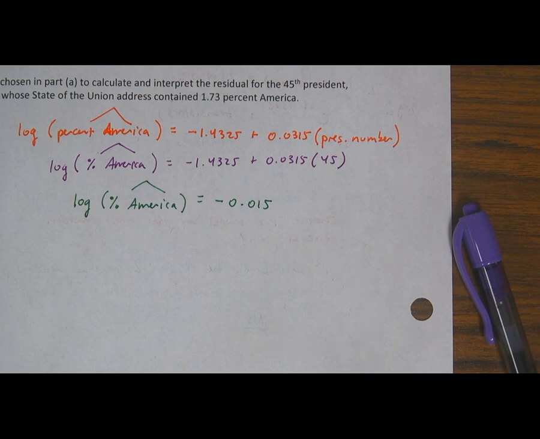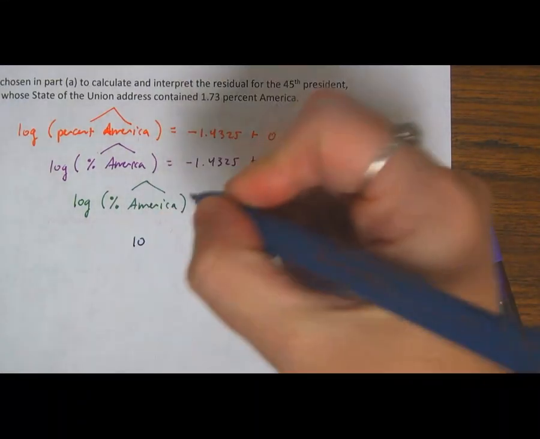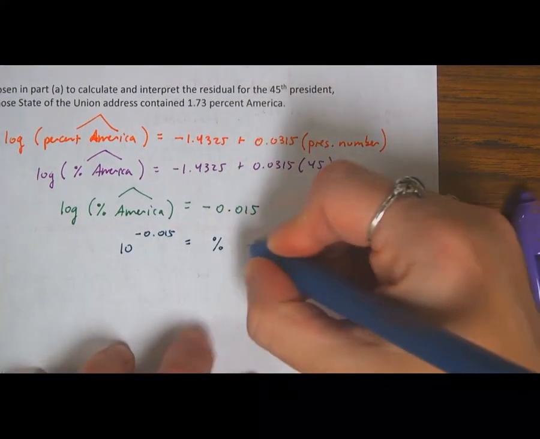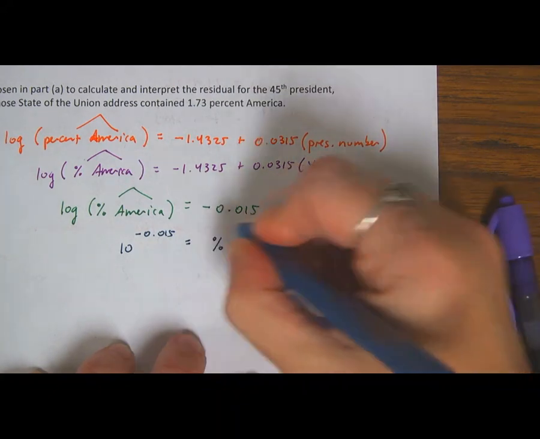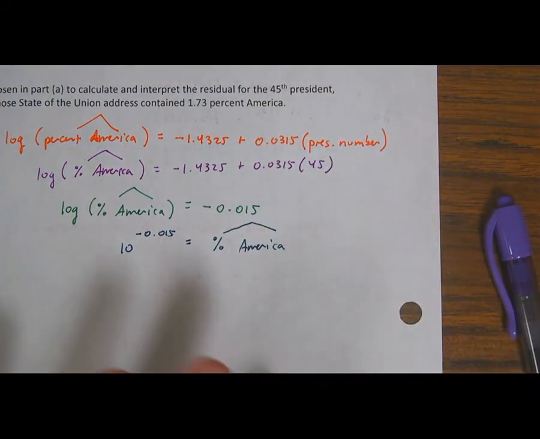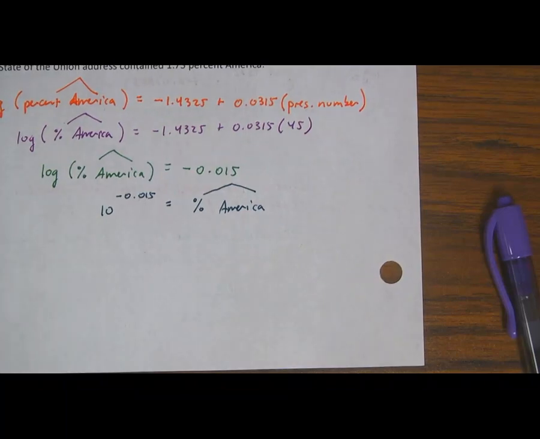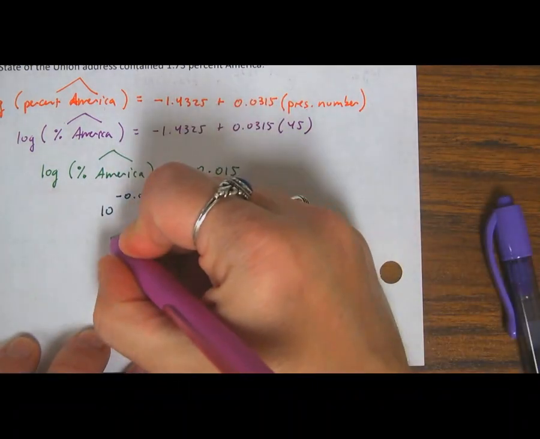We still have to evaluate the percentage itself, so take it from logarithmic, swap it over into exponential, 10 to the negative 0.015 power will give me the predicted percentage of times the 45th president said the word America in his State of the Union address. But that's not answering the question, so we're not quite done.